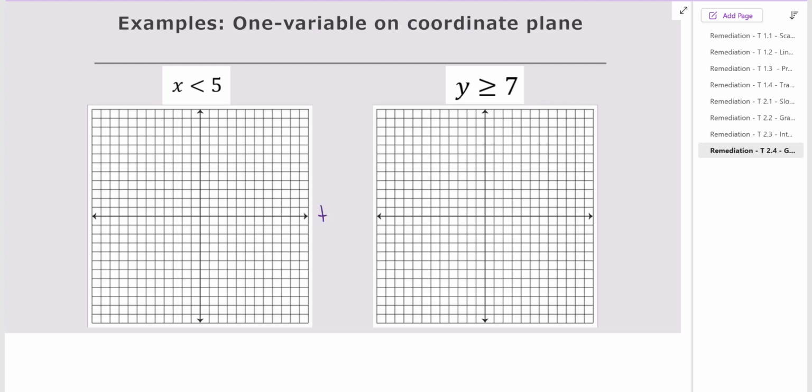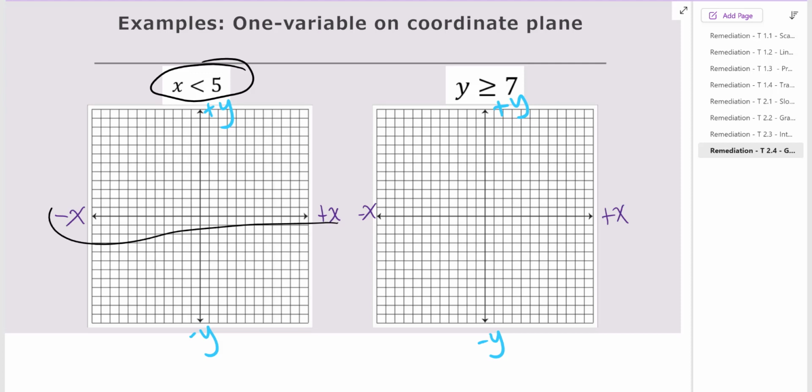So don't forget, this is the positive x side. This is negative x. This is positive y. This is negative y. Okay, so in this example, we're looking at x.